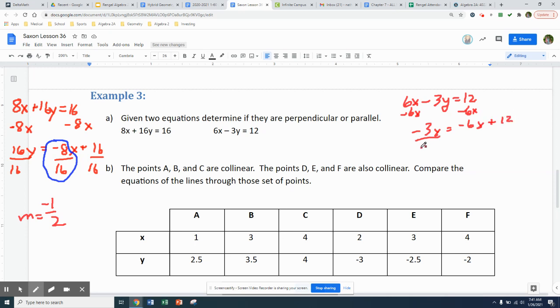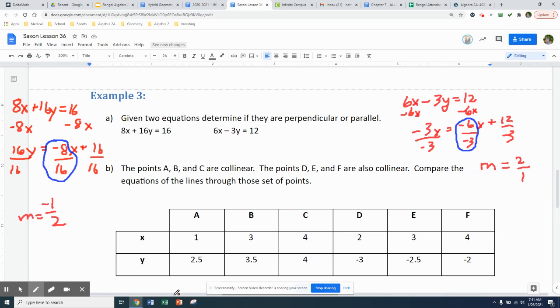And then just like on the previous problem, we divide everything by the y term. But again, you're only concerned about the slopes. You're only concerned about what's happening in this spot right here. When I do negative 6 divided by negative 3, that's going to give me a slope of 2, or I'm going to write it as 2 over 1.